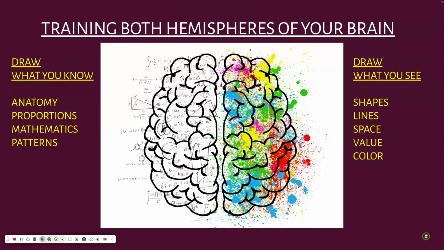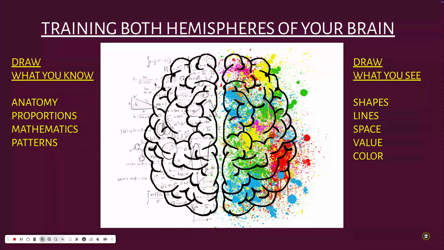We talked about drawing with the right hemisphere and the left hemisphere, that concept, a long time ago. And I want to remind you that drawing with the left hemisphere of your brain is when you are drawing with your knowledge, drawing what you know. And that means the science of anatomy, the mathematical proportions, patterns that you see and know now from our diagrams.